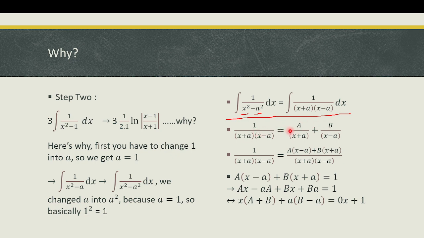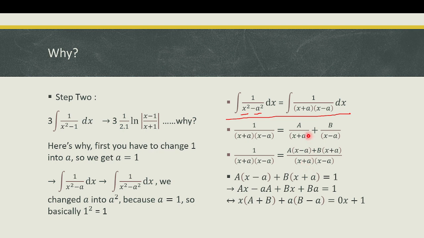We use A and B because we don't know the values, so we're just using A and B, and then we will add both sides, so we will get 1 over x plus a times x minus a is equal to A times x minus a plus B times x plus a over x plus a times x minus a.